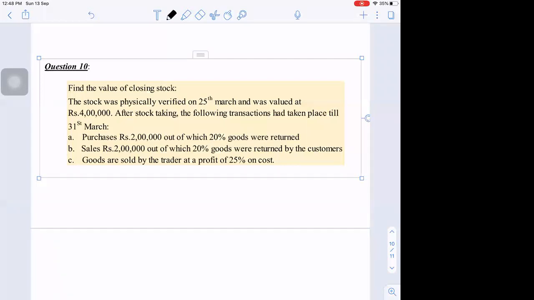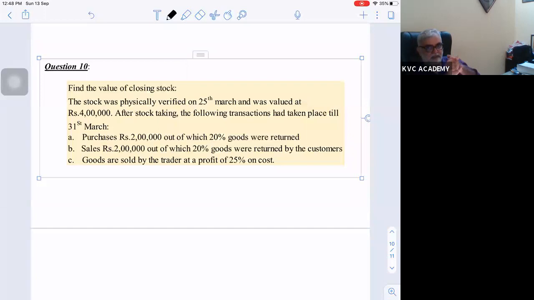So I must remove that 32,000 from 1 lakh 60. 1 lakh 28 is the cost of sale. So 4 lakh plus 1 lakh 60, 5 lakh 60, minus 1 lakh 28, is 4 lakh 32. We can also do this in the form of a trading account. It will be very easy.